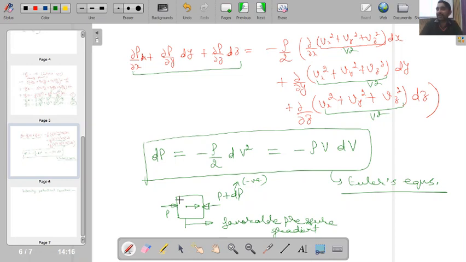So this is called an adverse pressure gradient. This is nothing but a representation of our Bernoulli's equation, because Bernoulli's equation says the same thing. But to apply this equation, it can be applied either for an irrotational flow field, or only along a single streamline. So these are the two important points.